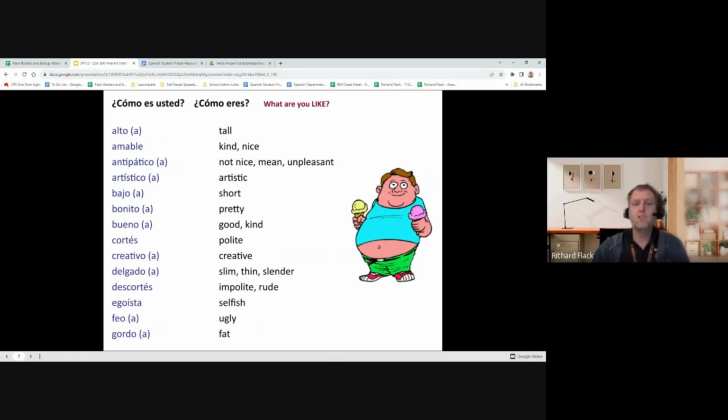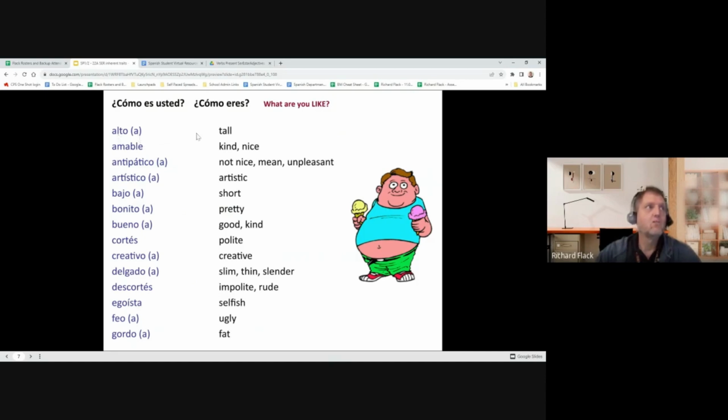What are your inherent characteristics? For this list, I did not highlight. You kind of need to know all of these. These are all common adjectives that we would use every day. Notice again that we have a masculine form of most of these ending in O, and we can change that to a feminine form with the letter A.